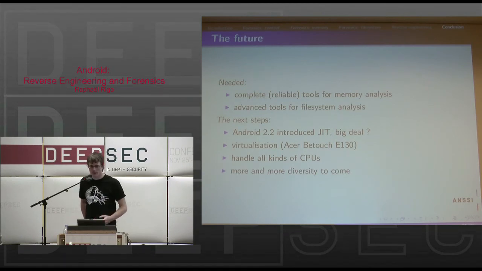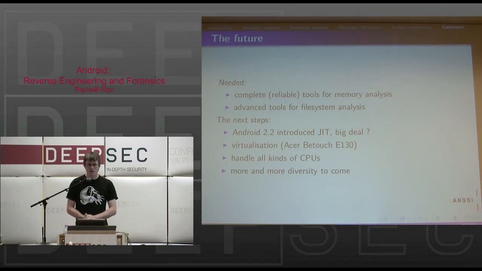And Android is moving forward really rapidly, so you have to adapt to the evolutions of the operating system itself. For example, 2.2 introduced just-in-time compilation, and is it a big deal? I don't know, I haven't looked into it yet, but probably optimized DEX files are gone, so you probably won't be able to use them to reverse and uncover rogue applications.